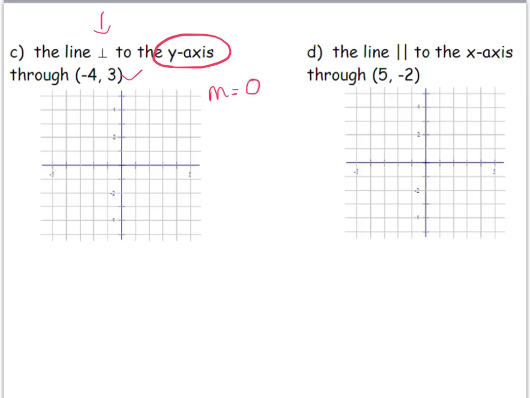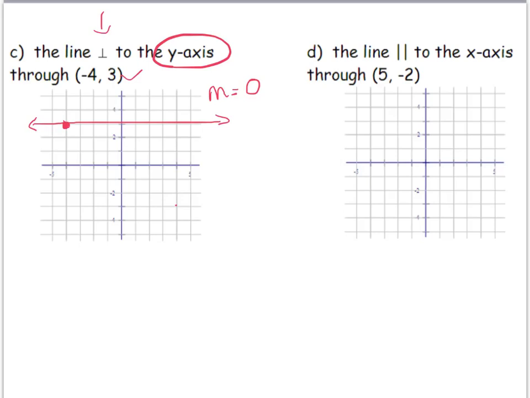So I'm going to go through the point negative 4, 3. Oops, sorry, it's negative 4, 3, you guys. Good thing I stopped. So there we go. And I want a slope of 0, which means it's going to be a horizontal line. It's going to look like this. I would like for you to do D, please.